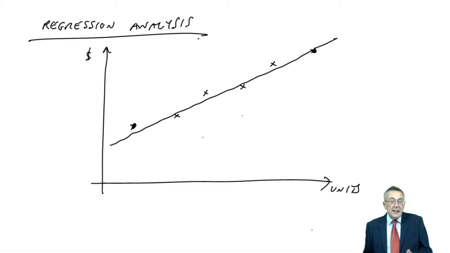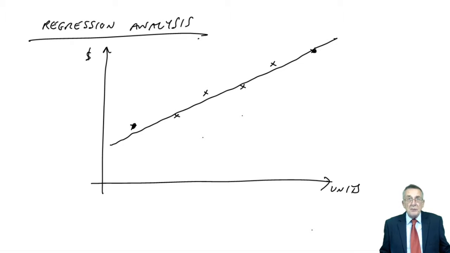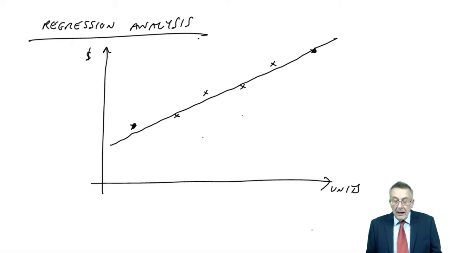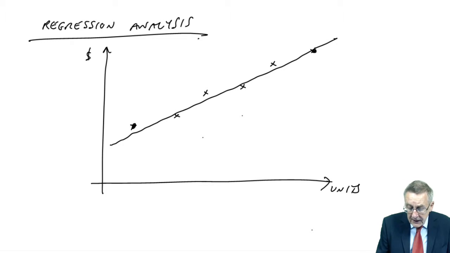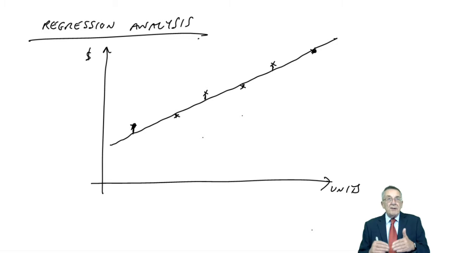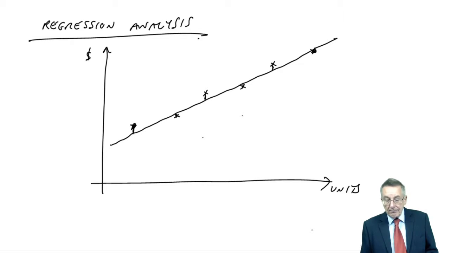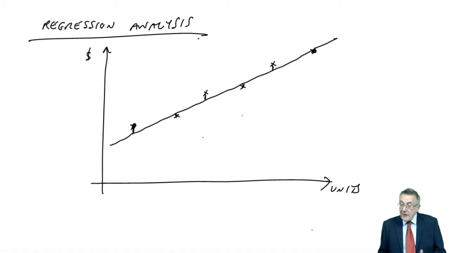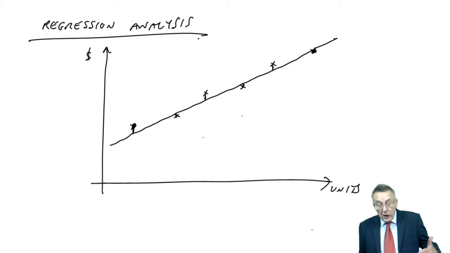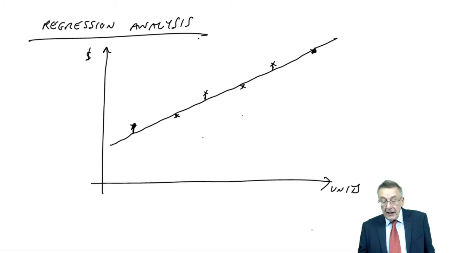And in fact, the way it does it, you don't have to prove the formula we use, but what it effectively does is it finds the line which minimizes the squares of the distances of the points away from the line. Some people call it the method of least squares. However, that's fairly irrelevant. We're trying to find the line that most nearly goes through it.